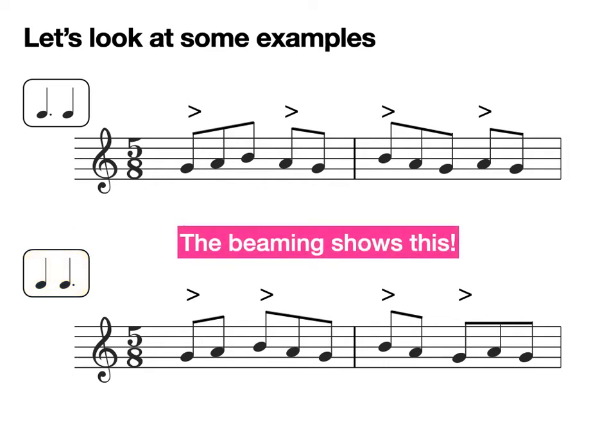We actually use the beaming to show this. On the top example, you can see we beamed 3 quavers and then 2 quavers. The 3 quavers being the dotted crotchet and the 2 quavers being the crotchet. And then we did this the other way around in the bottom example.